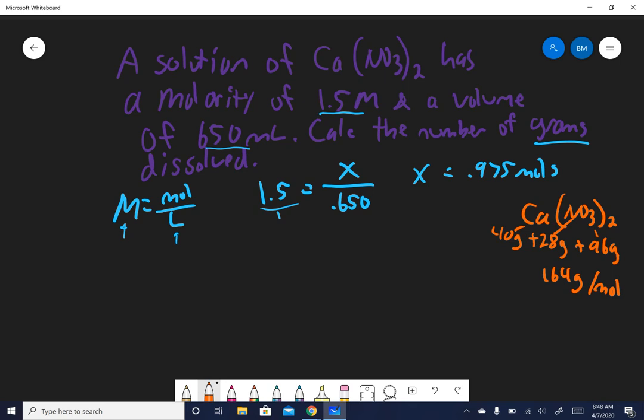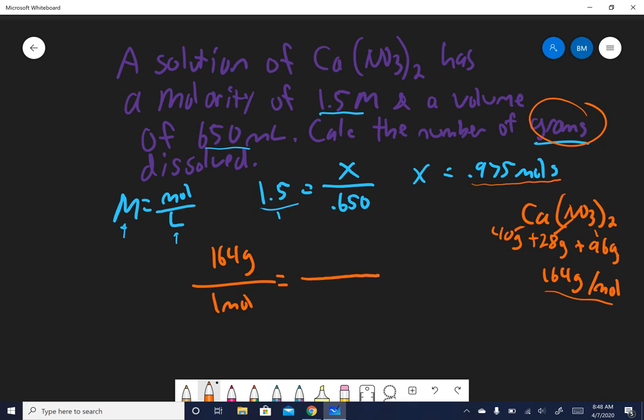40, I just want to double check. Plus 28 plus 96. Yeah, 164 grams per mole. Now I take this number here and I use this number here to get the answer. Calculate the number of grams. So I know 164 grams in 1 mole.